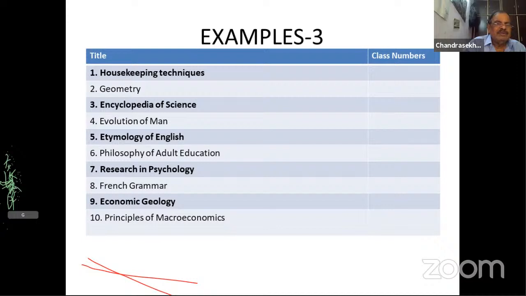Here also there is a small mistake. So in the schedules, 371.001 is philosophy of education. So you go to the schedules and check whether there are any instructions given there.